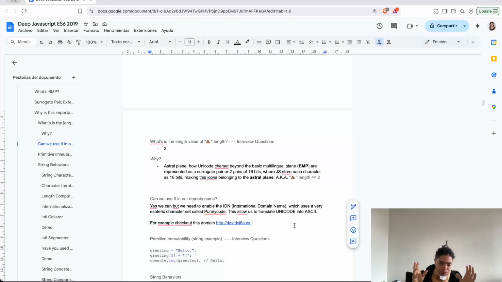So by having this character set, you can describe a Unicode character as an escape sequence using \u followed by 4 or 6 characters.